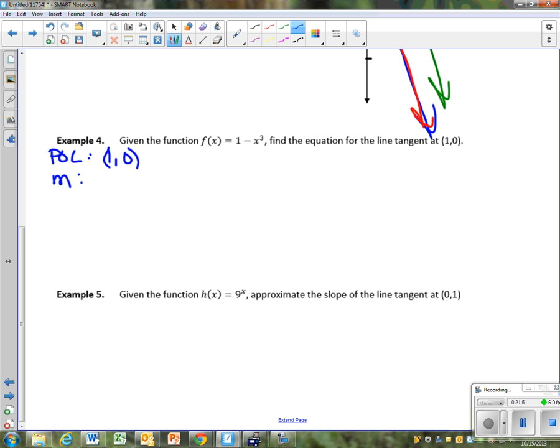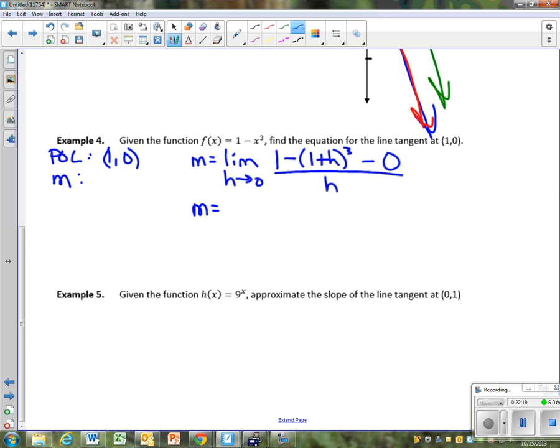So I do m equals the limit as h approaches 0 of f of, what is a? A is 1. So 1 minus 1 plus h to the third minus, what is f of a? 0, all over h.